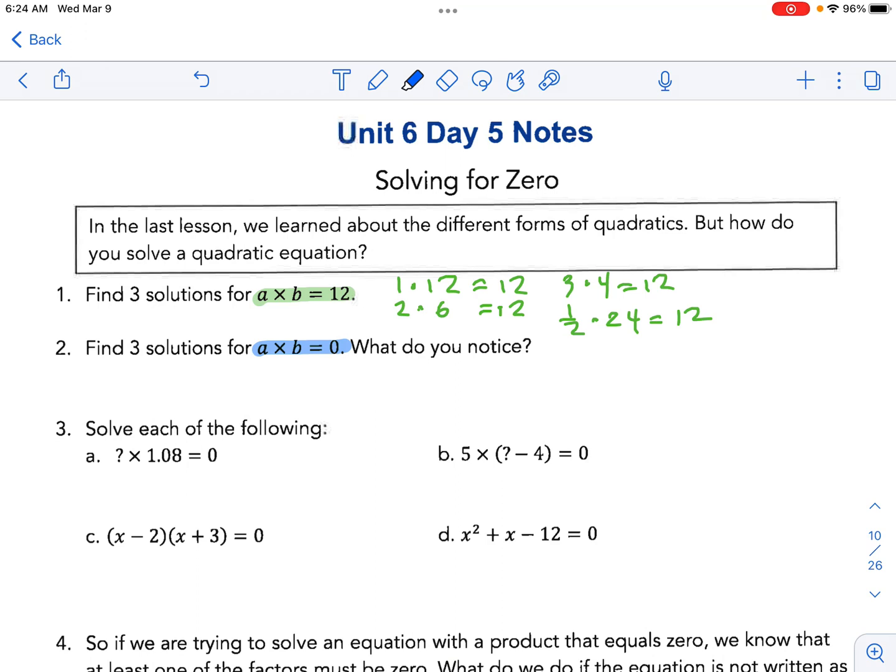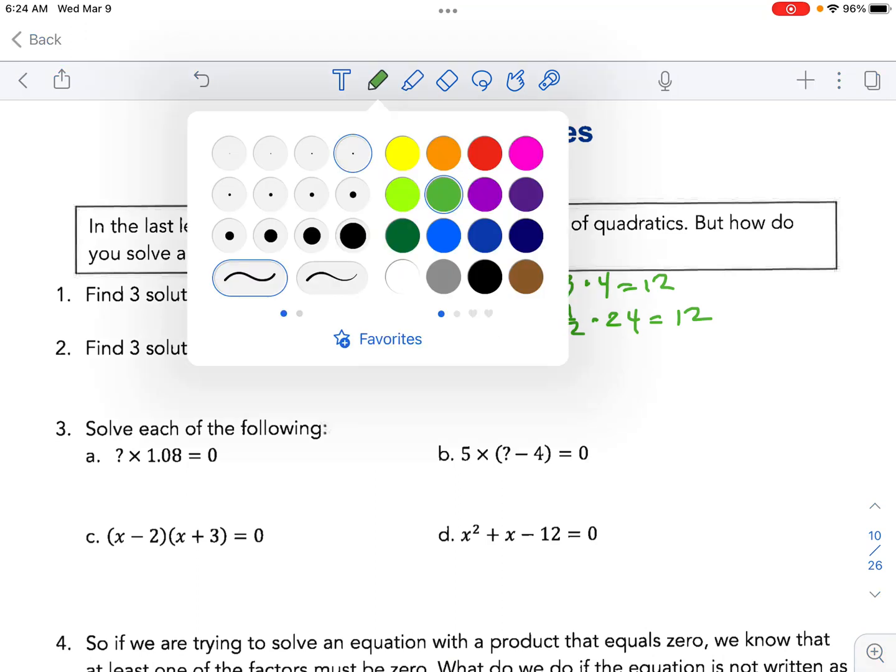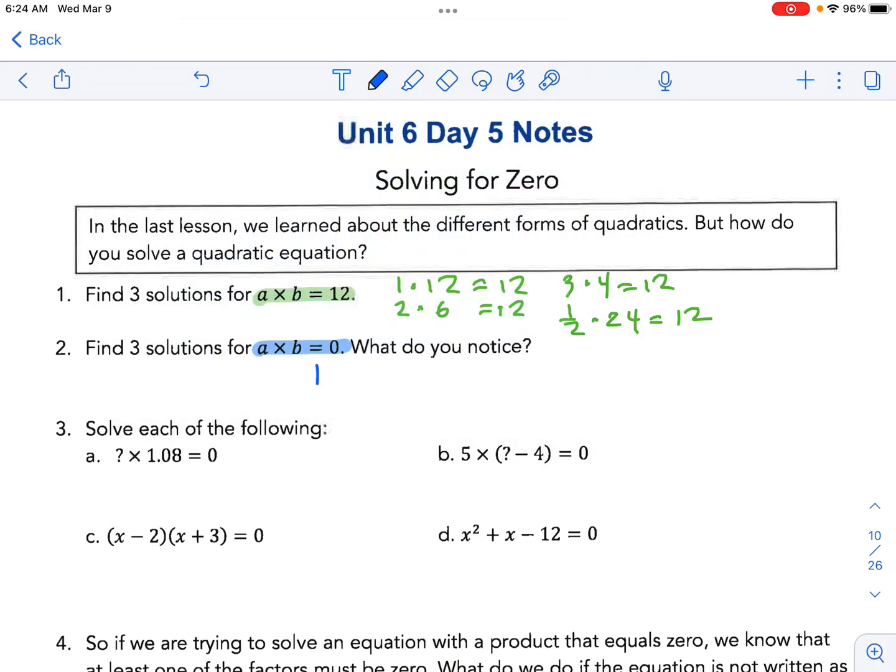We still have infinitely many possibilities. I mean, 1 times 0 is 0. 7 times 0 is 0. 0 times -3 is 0. 0 times 1/2 is 0.